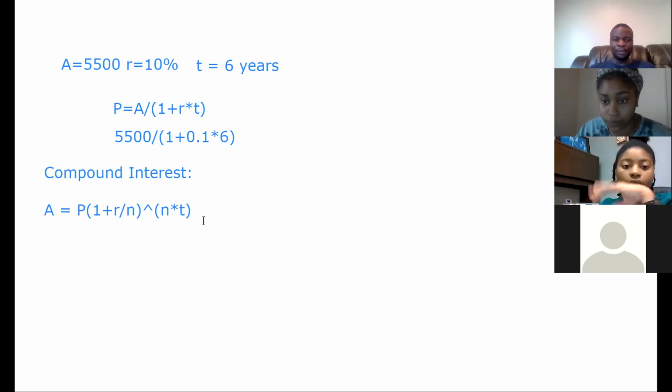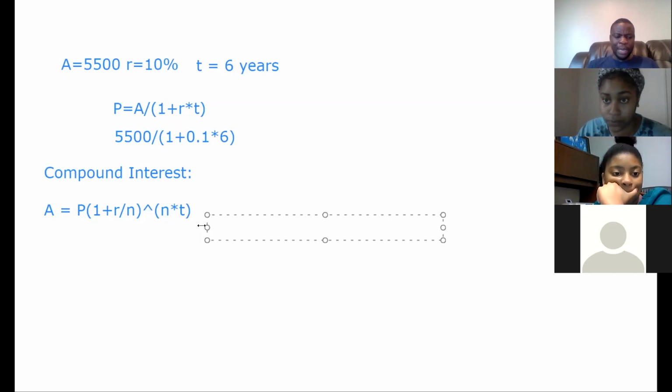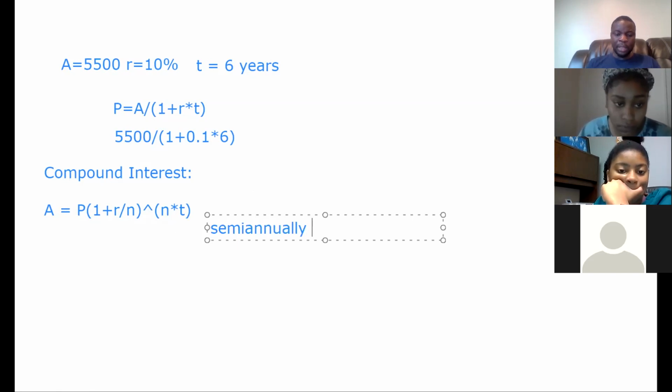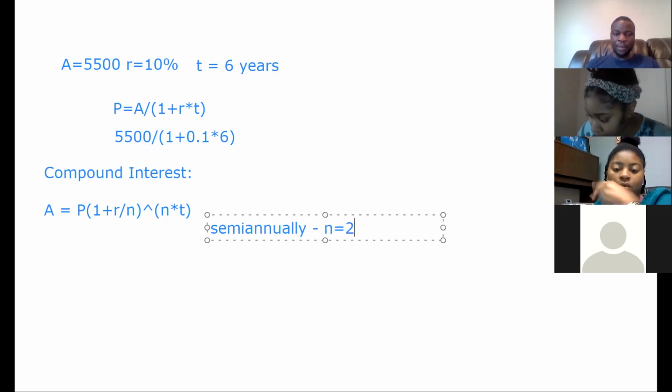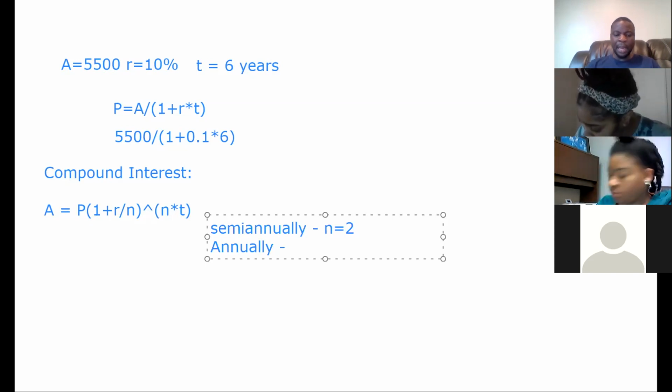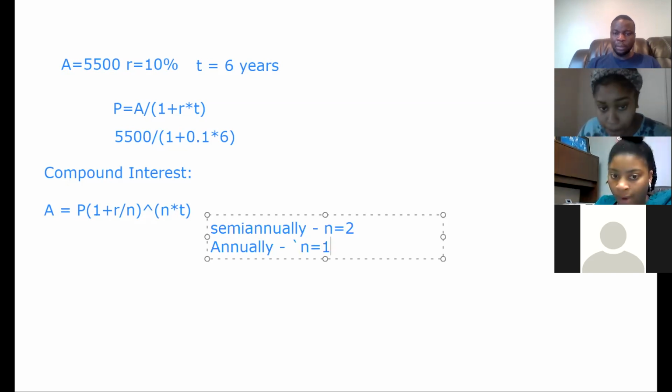I'll give you an example for N. When it says semi-annually, that means N is 2. Semi-annually means N is 2. Annually means once a year. So in this case, it means that N is equal to 1.